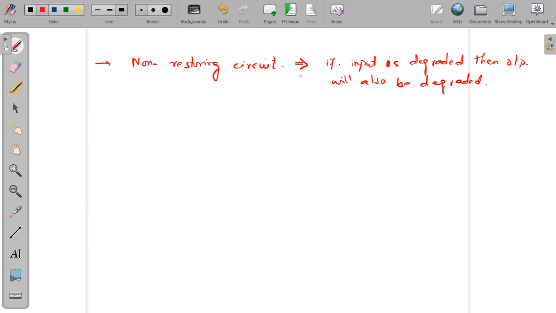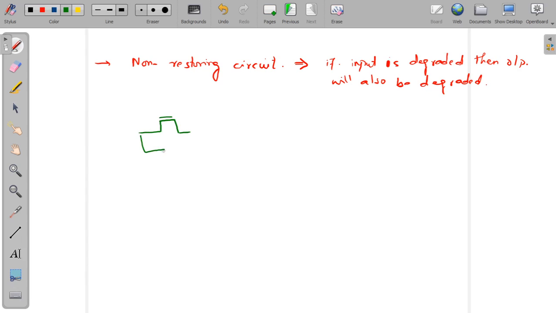So it means that if the input signal is not perfect in value, then the output will also not be perfect. Okay, because what is actually happening here is that we are having the pass transistors.